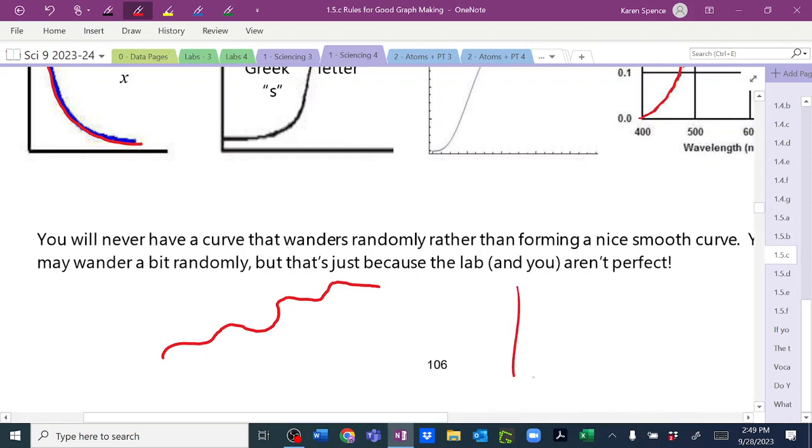So let's say that our data points were here, here, here, here, here, here. Does that look like a curve or a straight line? Probably a straight line. You don't want to say it's a curve.